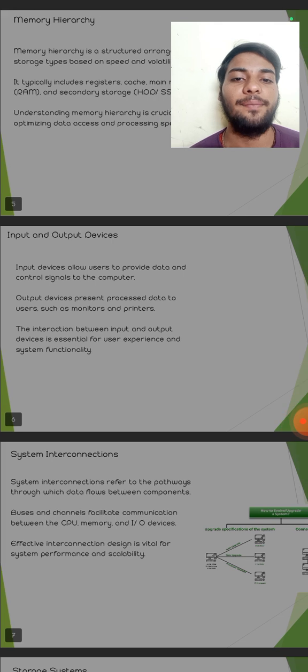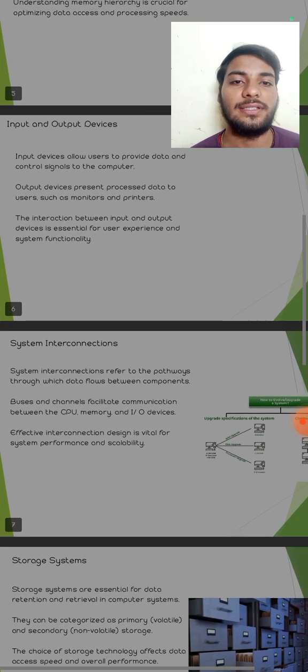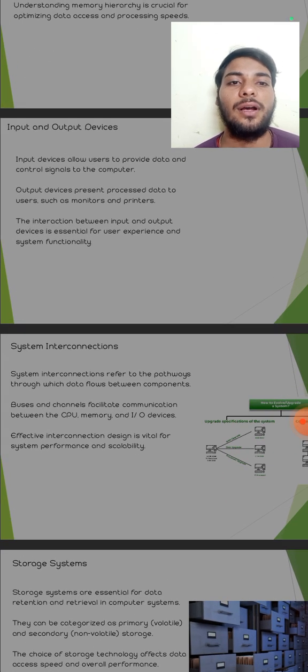And next we have the input and output devices. That means how the input and output work in the computer system architecture. Input devices allow users to provide data and control signals to the computer. Output devices present processed data to users, such as monitors and printers.